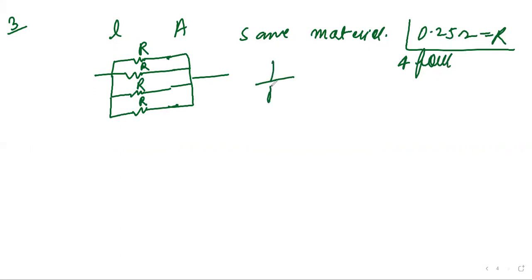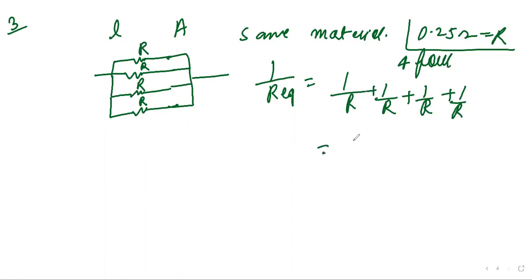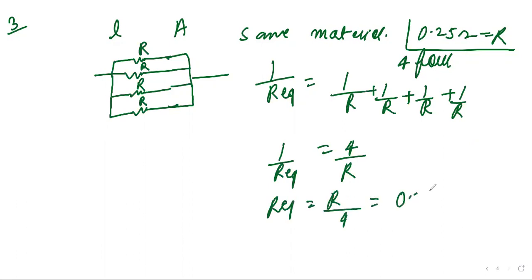So R equivalent for the parallel will become 1 upon R plus 1 upon R, four times, right? So it will be 4 upon R. So R equivalent will be equal to R upon 4. So it is given by 0.25 by 4. So this will be the value.